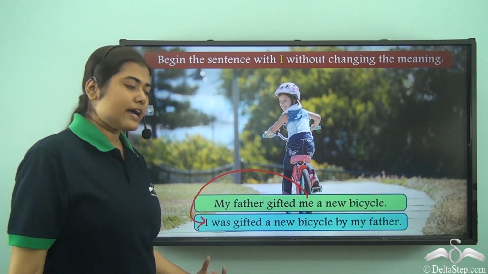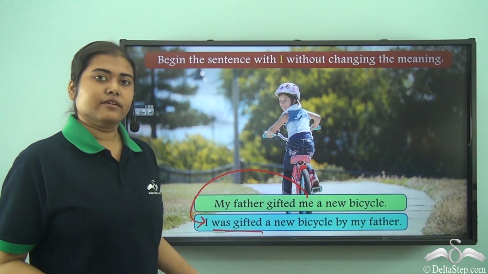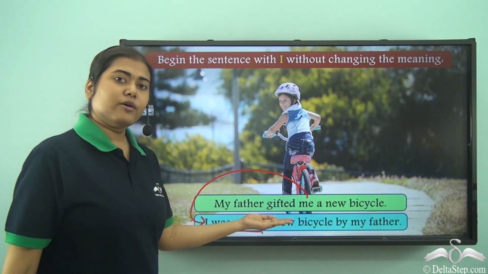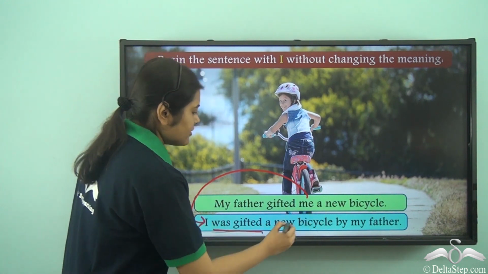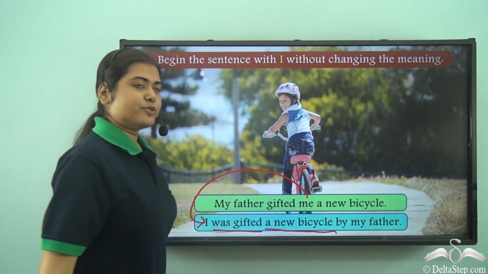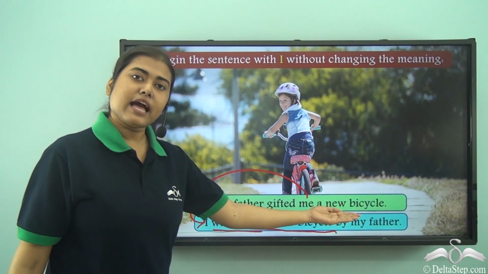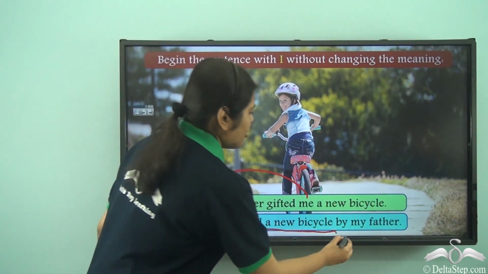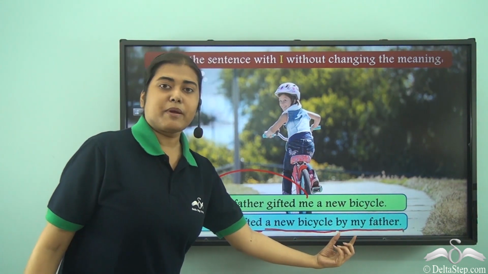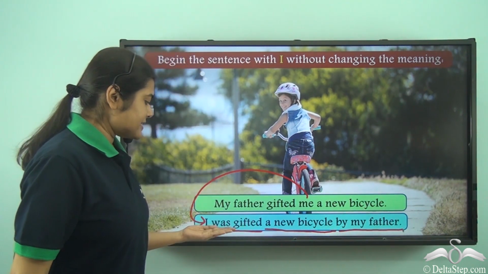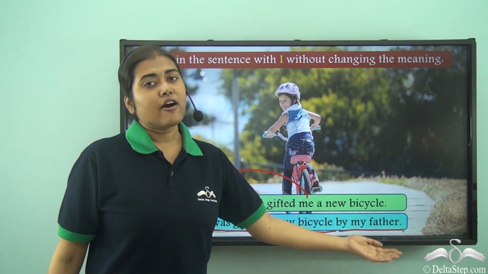It changes to I. Then the verb becomes was gifted, because in passive form gifted will change to was gifted. Then comes the object, a new bicycle, which we have from the active voice, and then we have the doer, and for that we have to use the preposition by. So the sentence becomes I was gifted a new bicycle by my father.